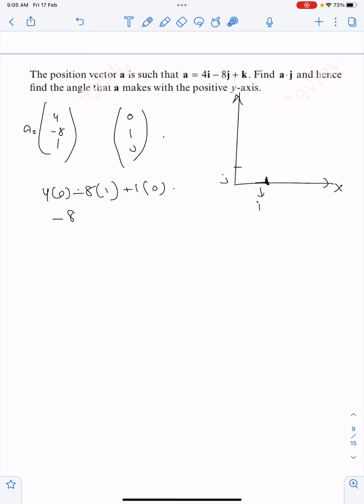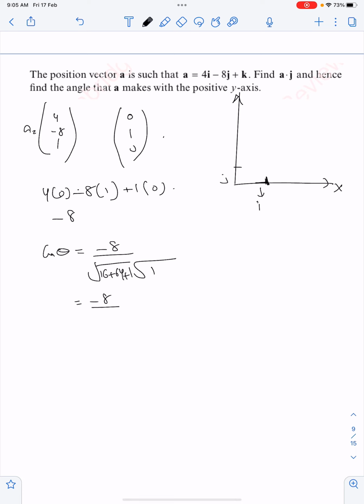Okay, so obviously if this is a 1 unit vector in the positive direction of the y-axis, you can easily find the angle between these two vectors, and that will give you the angle between the vector a and the y-axis. Okay, so cos theta equals minus 8 upon the magnitude of the two. So 4 squared is 16, plus 64, plus 1, which is 81.